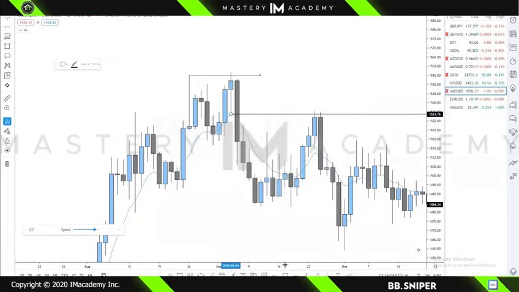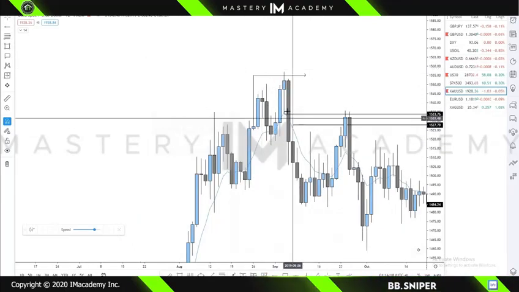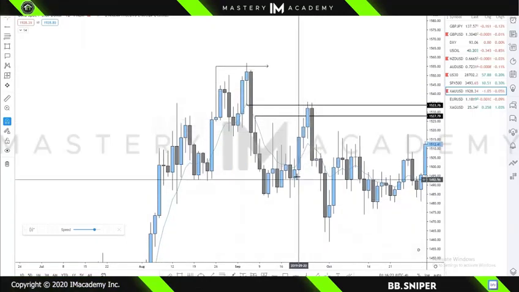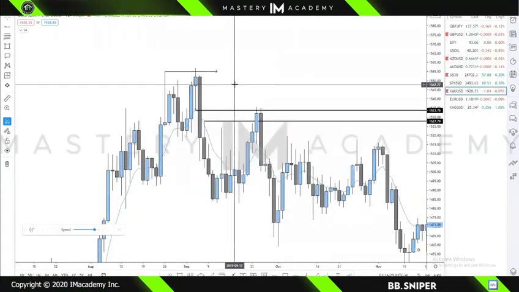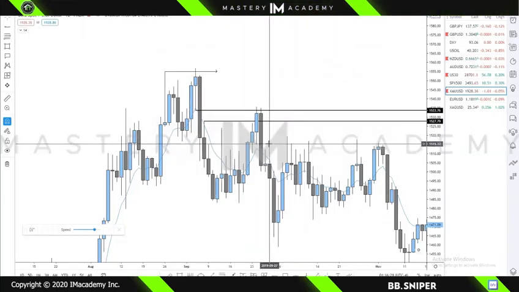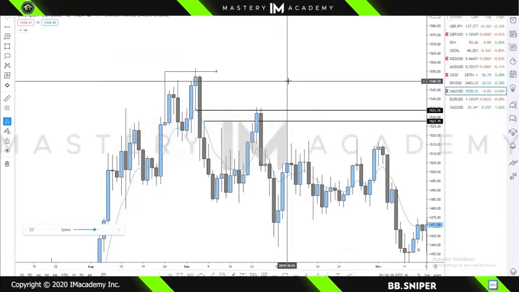The imbalance ends where the institutional candle starts. We have two there, so that's a higher probability institutional candle. So just one is high probability, two is higher probability, and then three or more is going to be highest probability institutional candle.